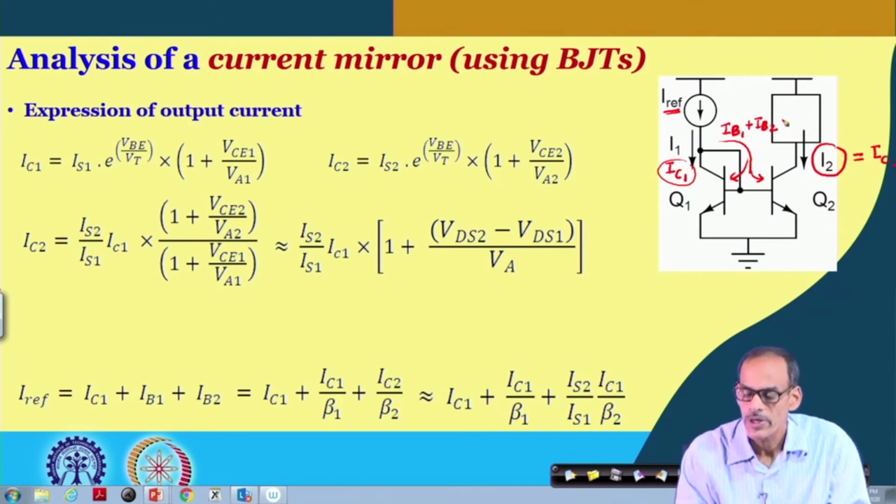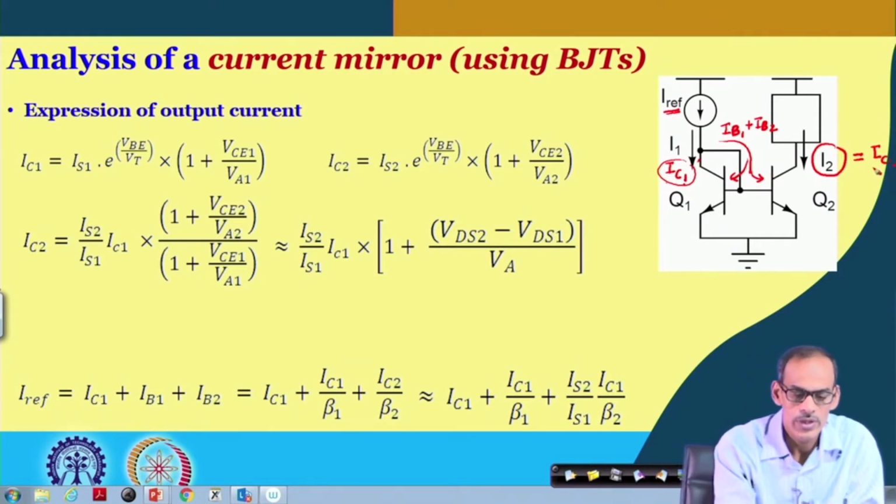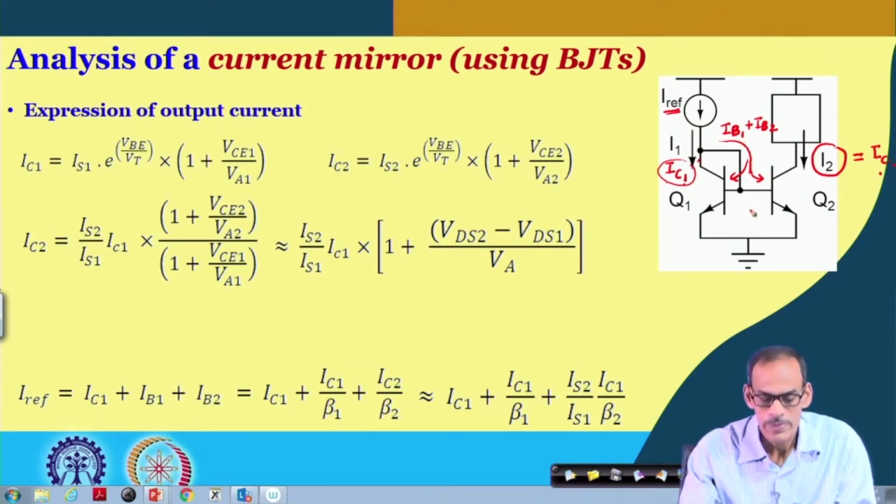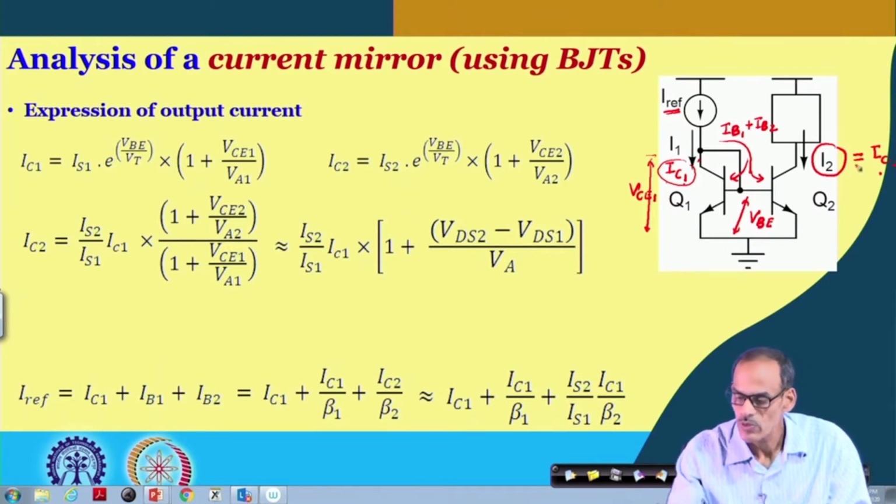Okay. But before that, let us write the expression of the collector current of transistor 1 and transistor 2 in terms of VBE, the common VBE voltage, and the corresponding VCE 1 here, and here we have VCE 2.